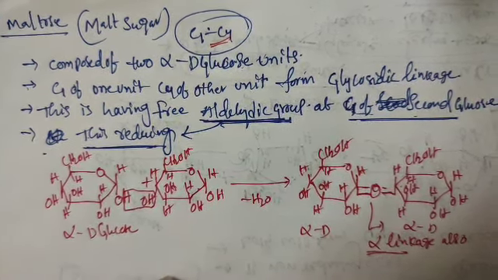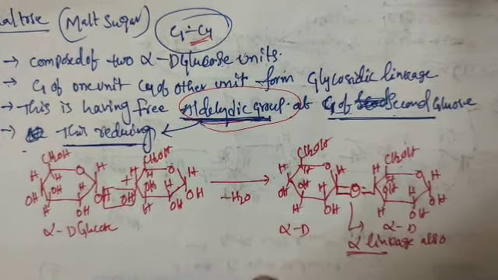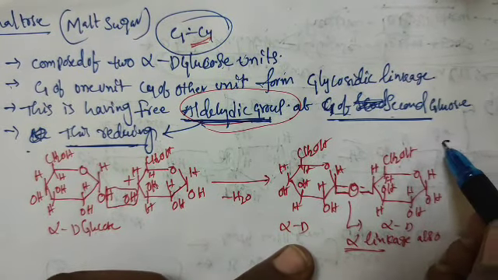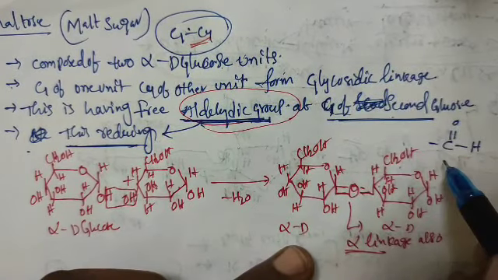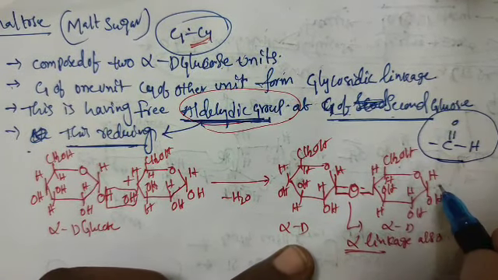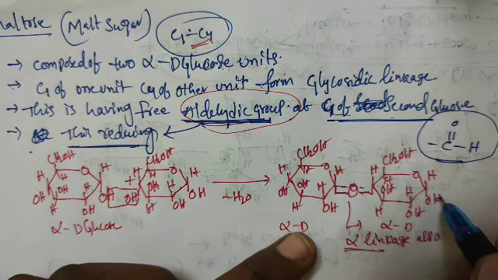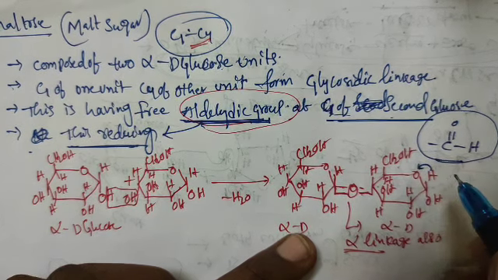So, sir, where will the aldehyde group form? Aldehyde means C double bond O H, no? So this is the aldehyde. It will come here. This hydrogen goes to here.